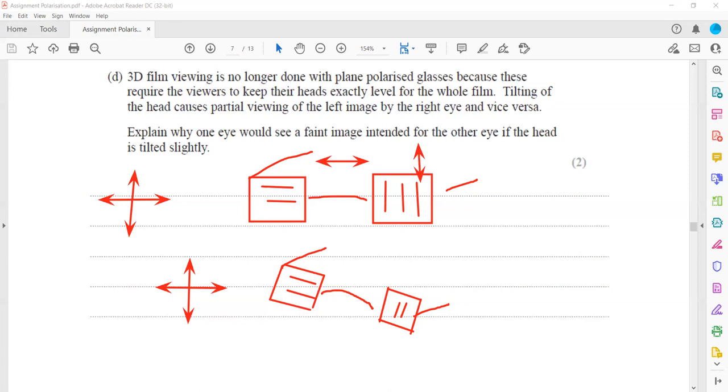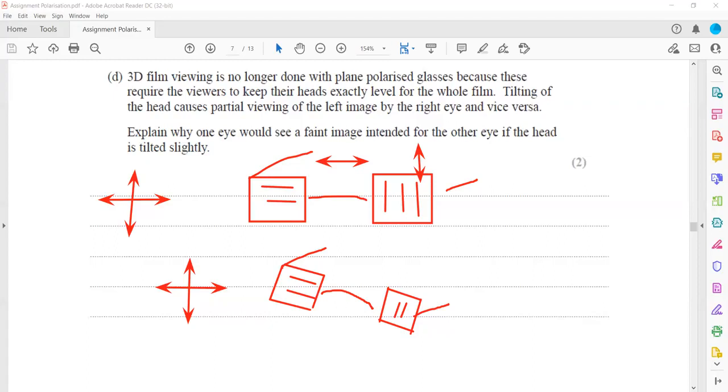So the angle between the filter and the polarized light has changed. First it was 90, but now it is not 90. So light for one eye has a component in the other, because when the planes are exactly perpendicular, no light is able to pass through. But if it is not exact, some of the light is able to pass through.